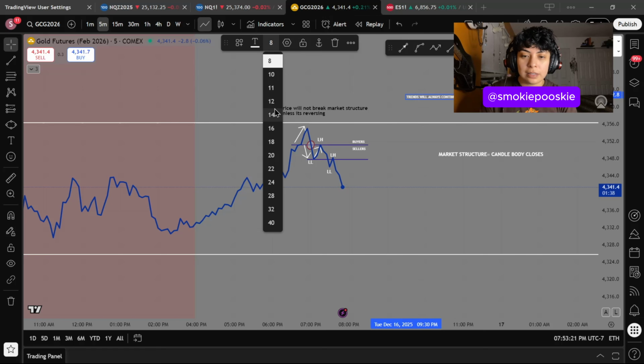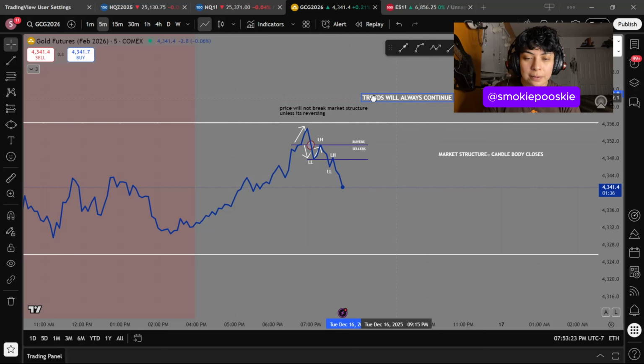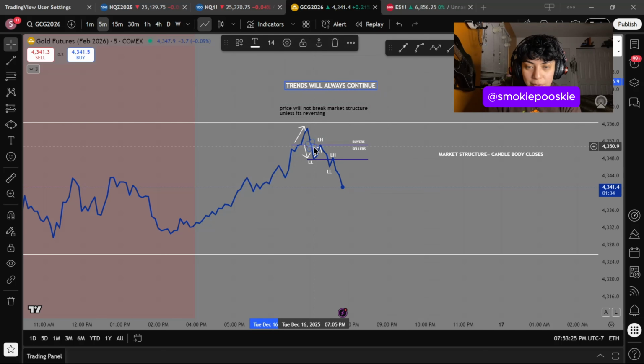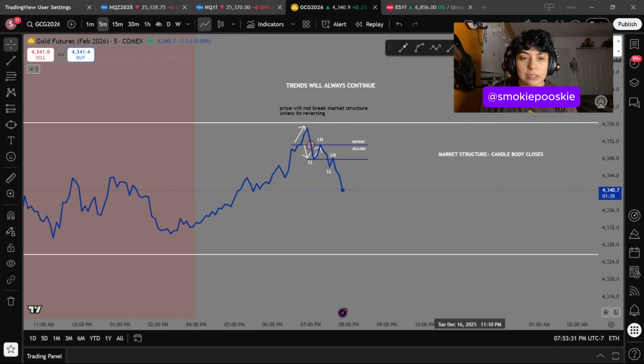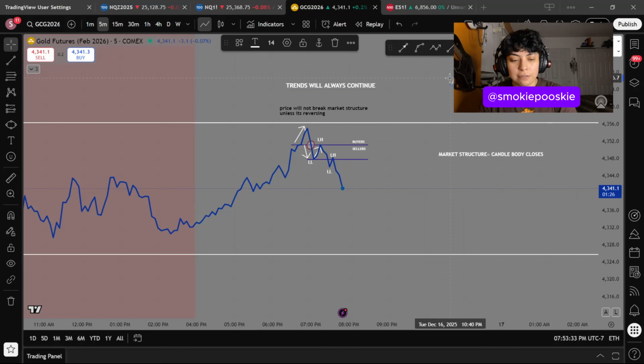Always. That's why it's a trend. Okay? So right here we have a bearish trend. So the 5-minute is bearish. Let's write that down. 5-minute bias equals bearish.